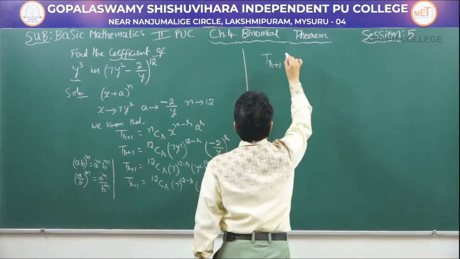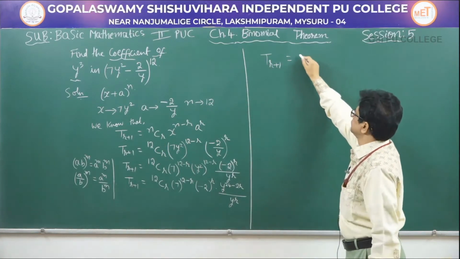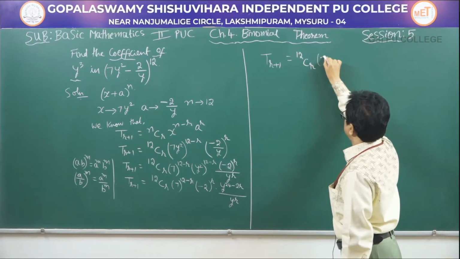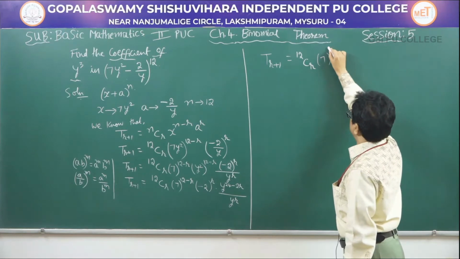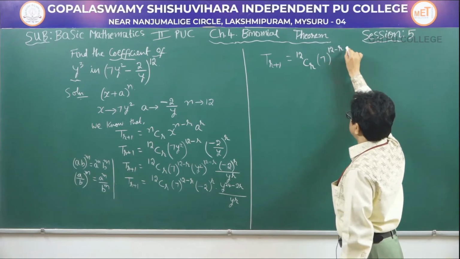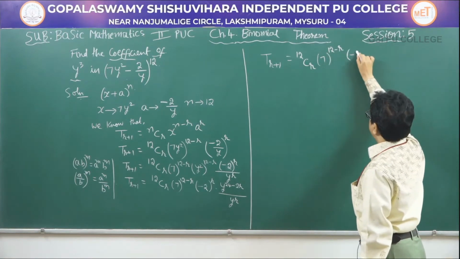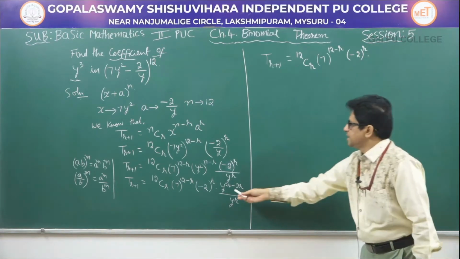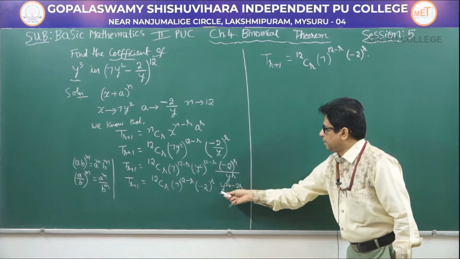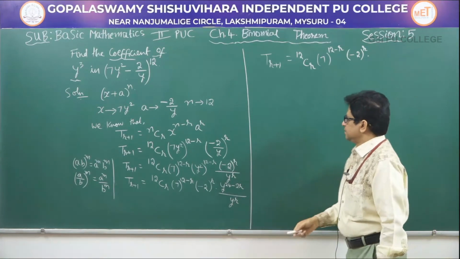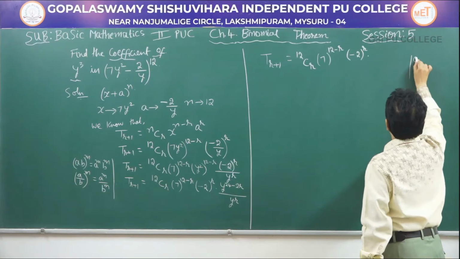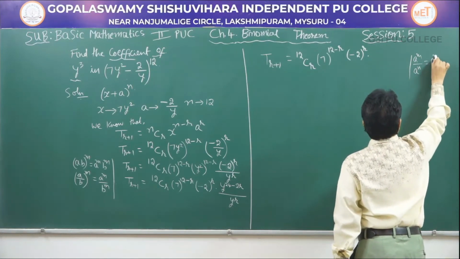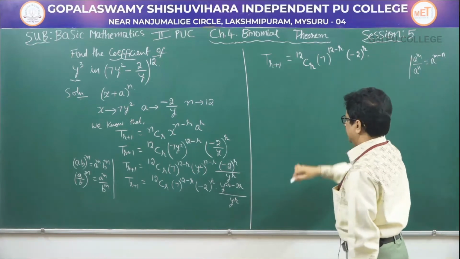T(r+1) will be equal to 12Cr into 7 whole power 12 minus r into (minus 2) whole power r into, this is of the form a power m by a power n, that is a power m by a power n is equal to a power m minus n.